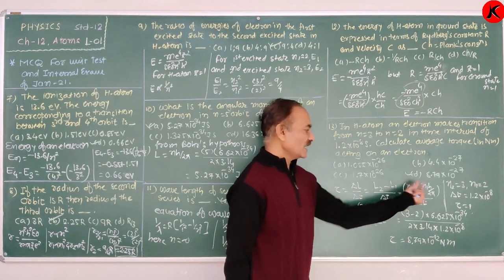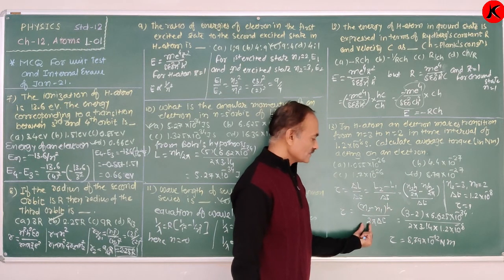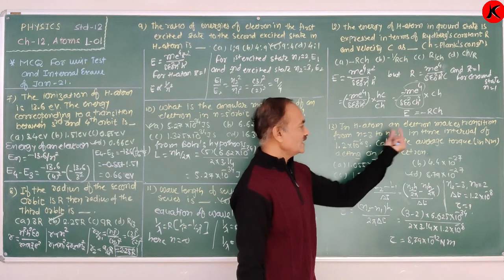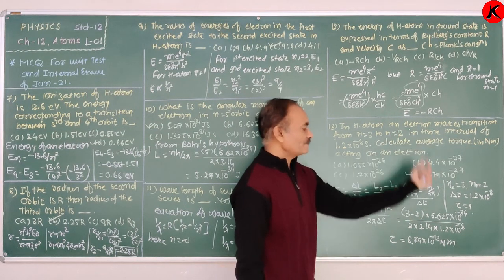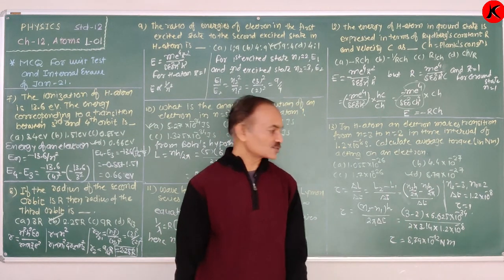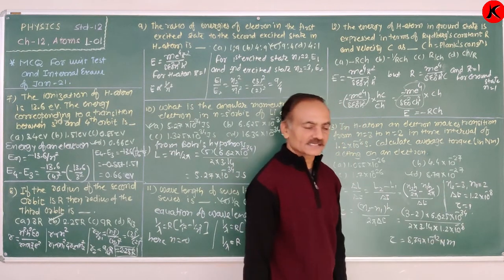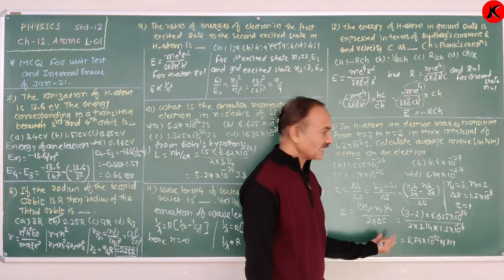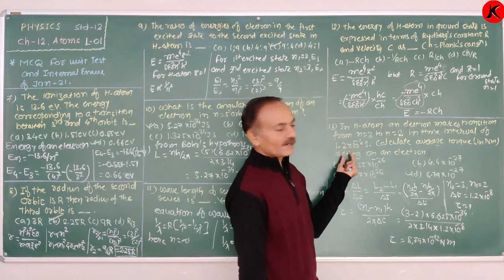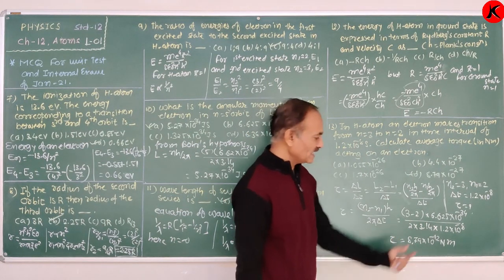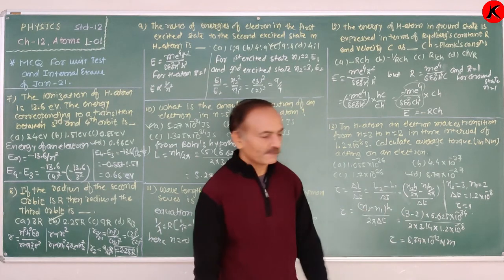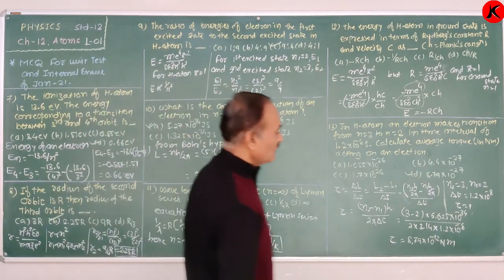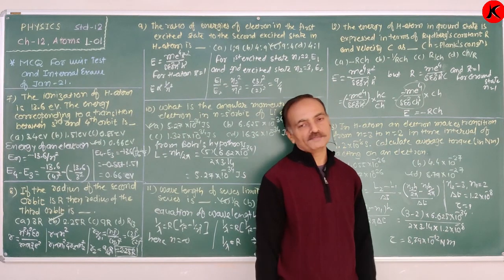n2 minus n1, h upon 2 pi common, so h upon 2 pi delta t. Substitute the values: n2 is 3, n1 is 2, h Planck's constant 6.625 into 10 raised to minus 34 upon 2 into 3.14, and delta t, the time interval given, is 1.2 into 10 raised to minus 8. When this is simplified, we obtain the answer 8.79 into 10 raised to minus 12 Newton meter.